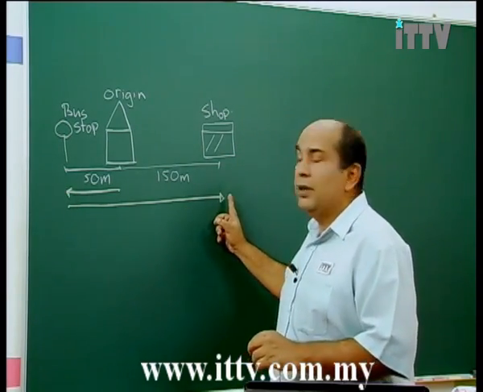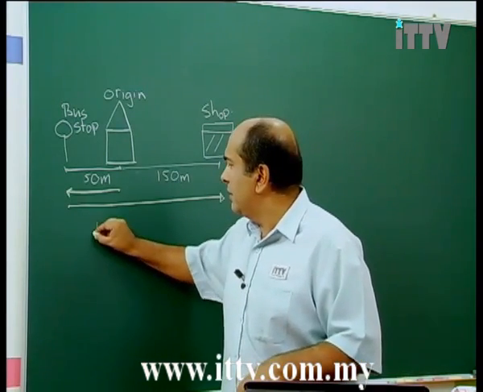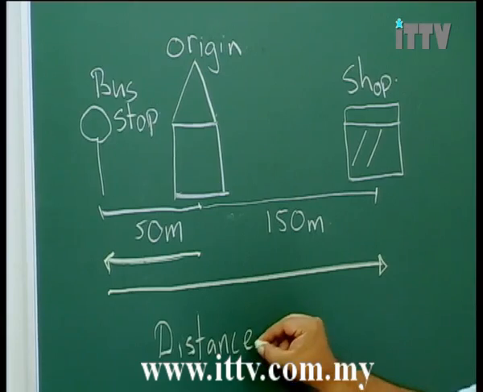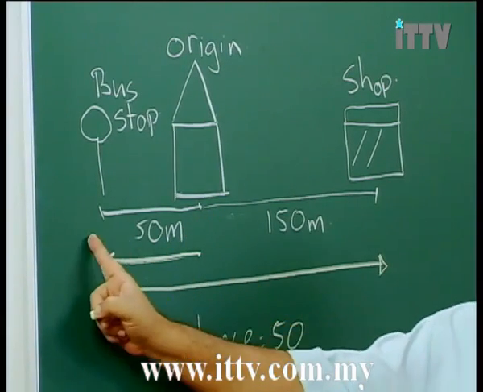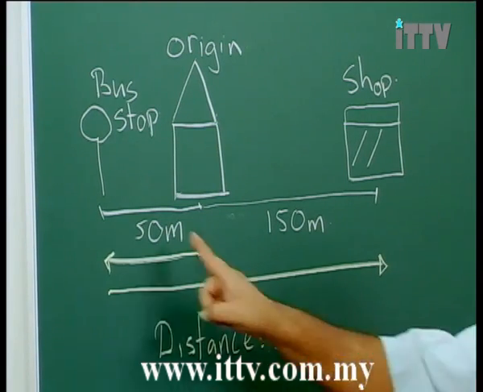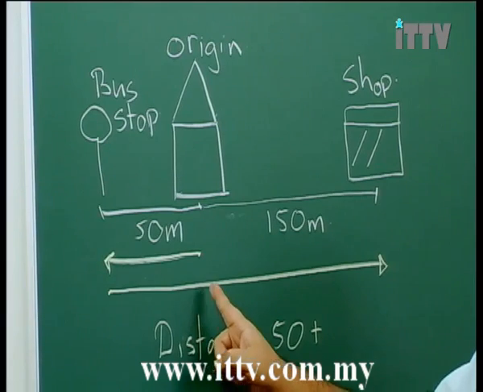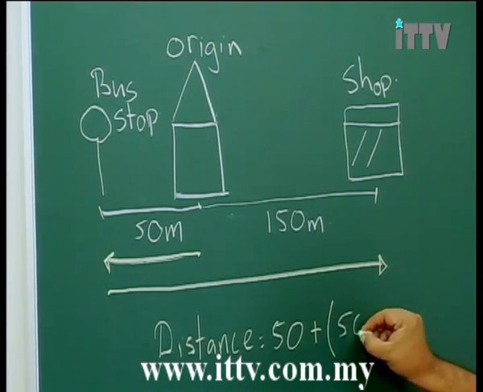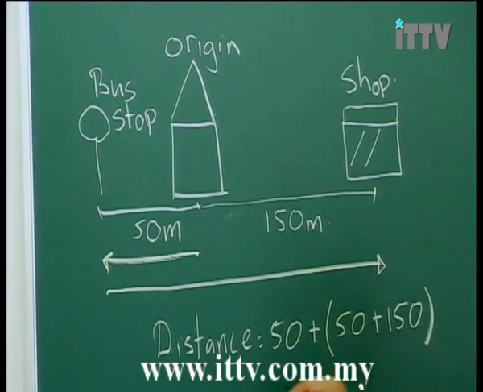Now, the total distance traveled is from the house to the bus stop and from the bus stop to the shop. So the total distance traveled is going to be 50, which is the distance from the house to the bus stop, plus 50 from the bus stop back to the house, and then from the house to the shop, which is 150.